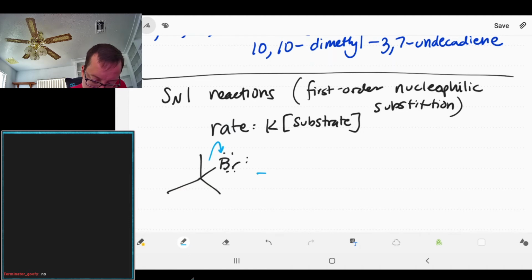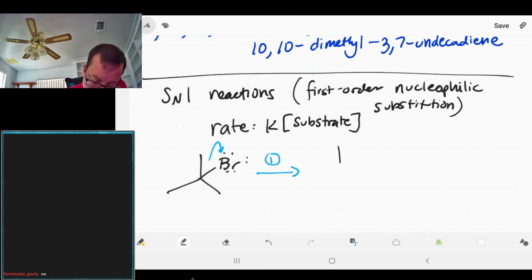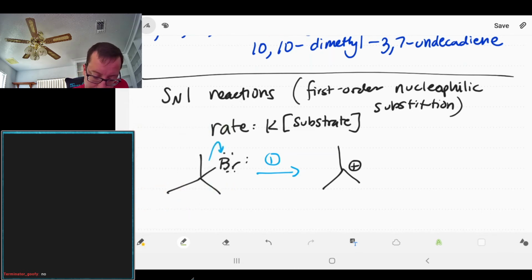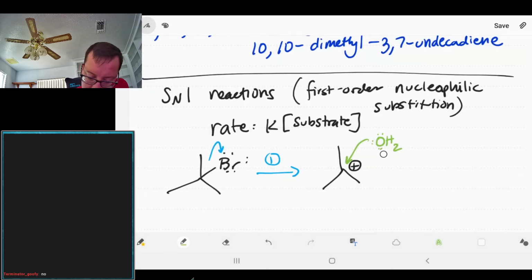Step 1 is the loss of a leaving group, which gives us a carbocation. And step 2, we can even use water as our nucleophile.